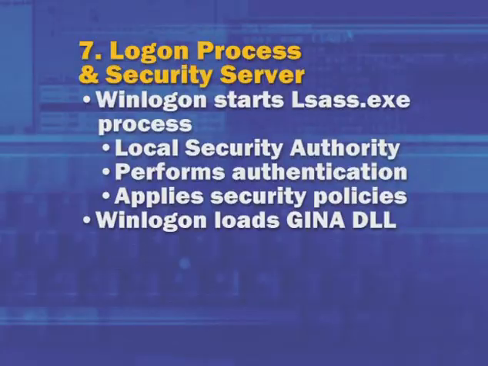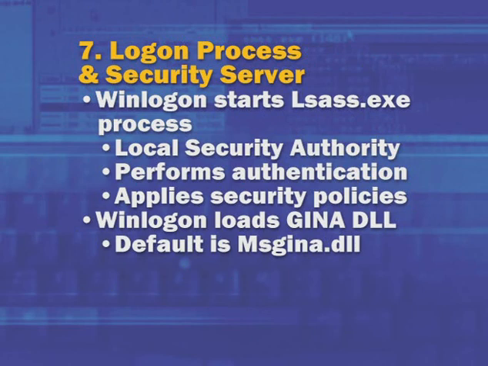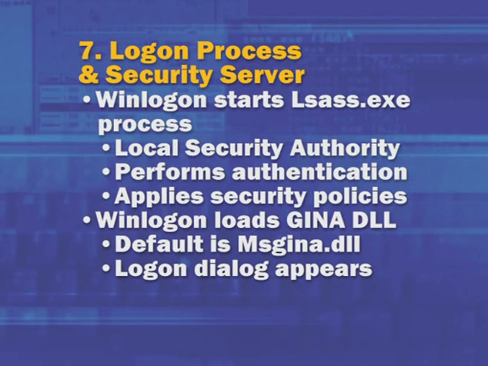WinLogon also gets ready for accepting an interactive logon. It doesn't present the UI itself, though. It relies on a plugin called a GINA, or Graphical Identification and Authentication DLL. The built-in GINA in Windows is called msgina.dll, and it presents the UI that we're all familiar with that asks for your username, password, and domain. So this is when the logon dialog box would appear.